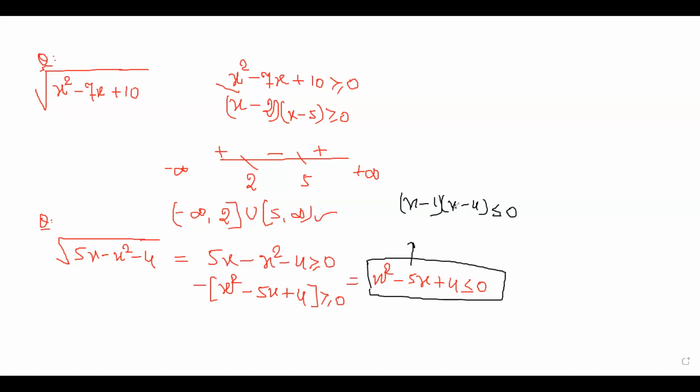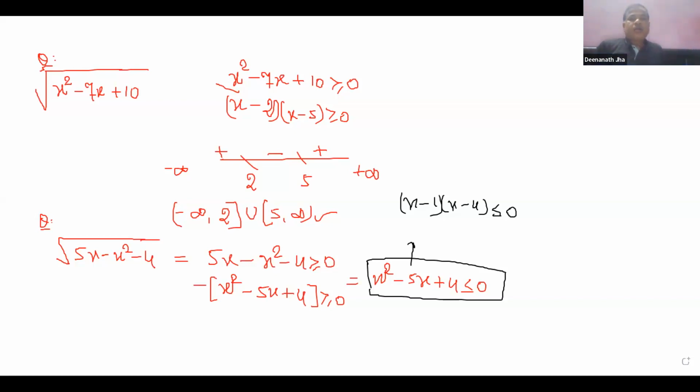Now, Rishita, you will take one at a time and tell me what the answer is for this question. And Sufyan, you also, if you have the answer. x equals 4 or x equals 1?